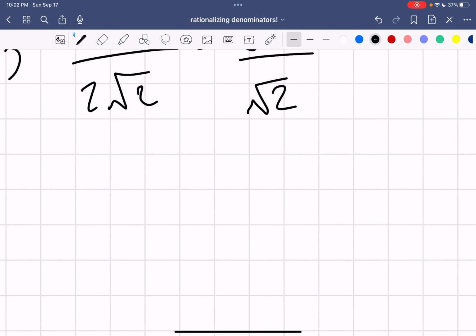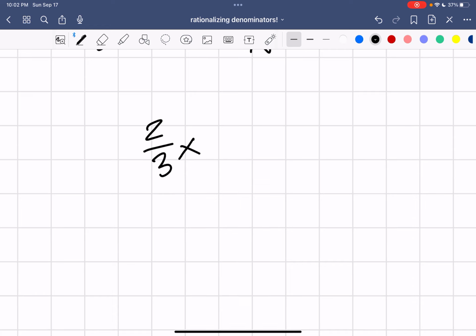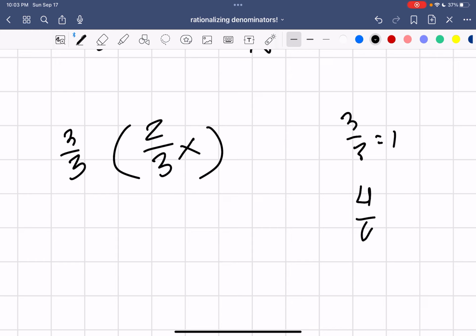But if you have an expression like 2 over 3x and you want to get rid of the fraction, you would have to multiply it by a number that is equal to 1. For example, 3 over 3 is equal to 1, 4 over 4 is equal to 1.